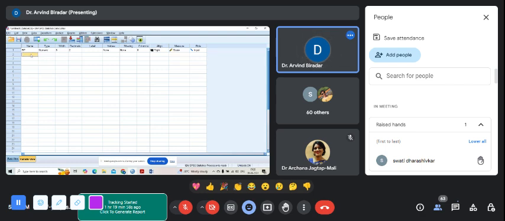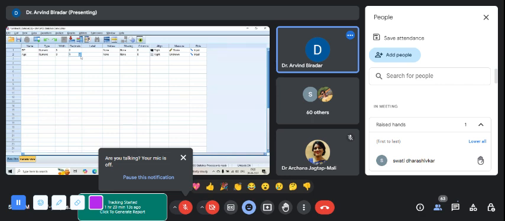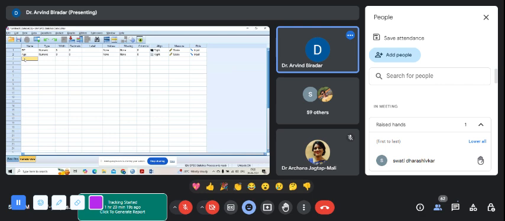Then you can take age, decimal point. This is weight.